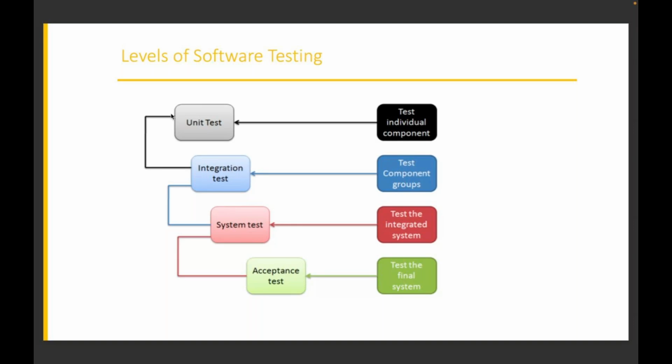Next is integration testing, wherein you are trying to validate four to five components in one go. Consider an example of saving a template, or sending an email. For sending an email, what all things will you do?